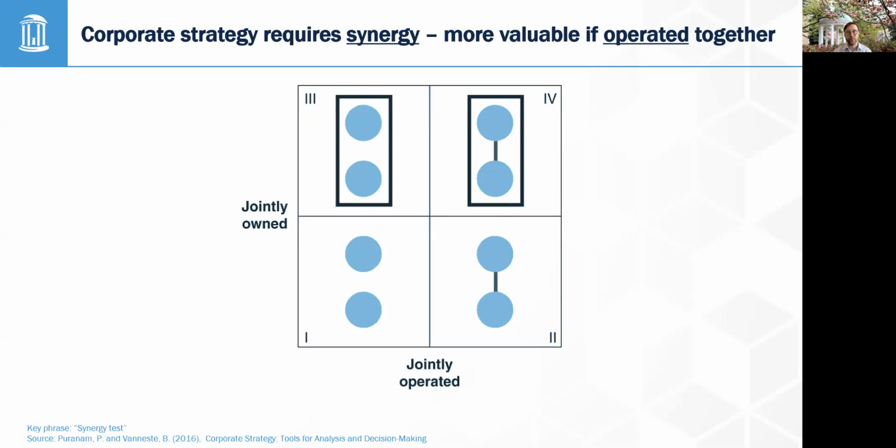For the rest of this course, we'll be focused on those two quadrants that involve joint operation. A big question will be whether that joint operation or synergy can be created more cheaply through independent businesses operating together, or more efficiently with two business units of the same company working together.